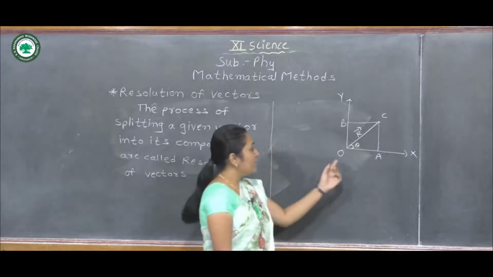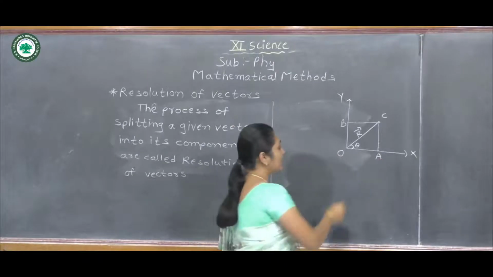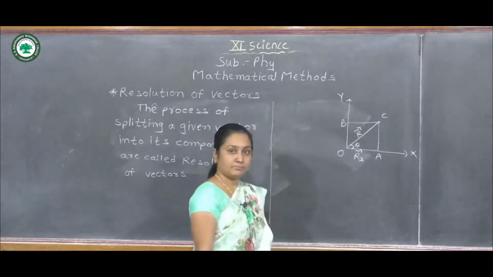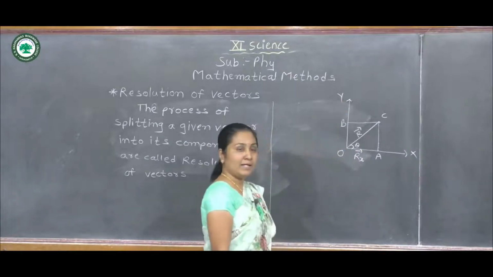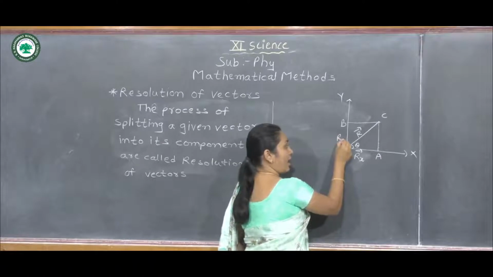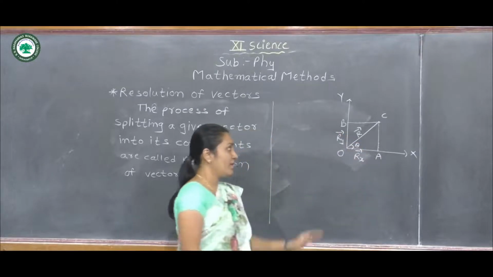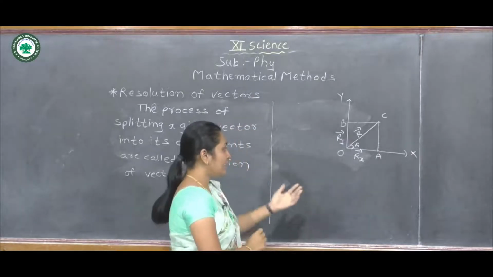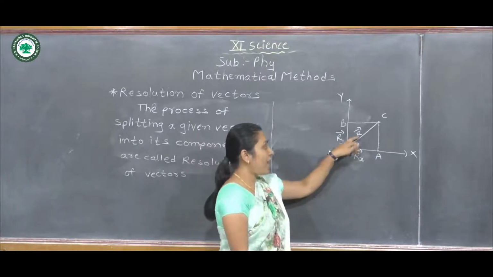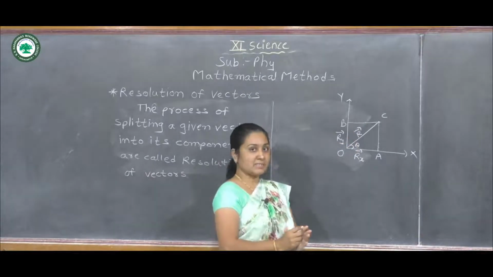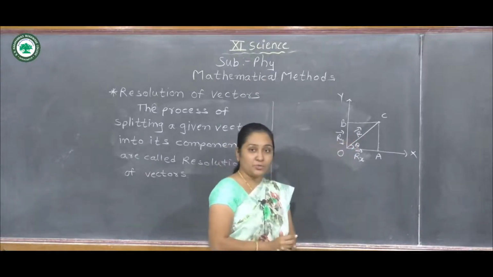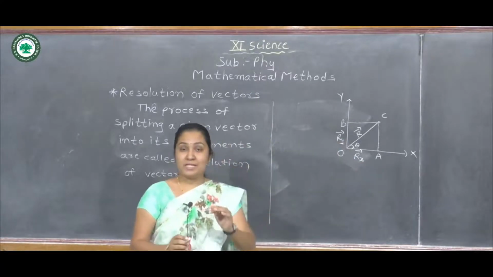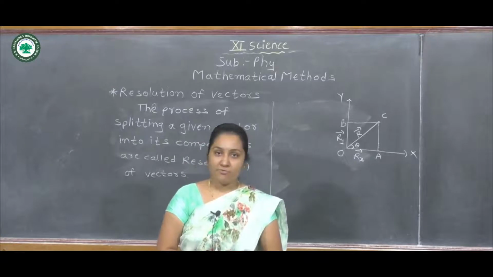So now this OA is Rx bar and OB is Ry bar. From this diagram we can write the vector r bar equal to Rx bar plus Ry bar, by using the law of parallelogram of vectors.